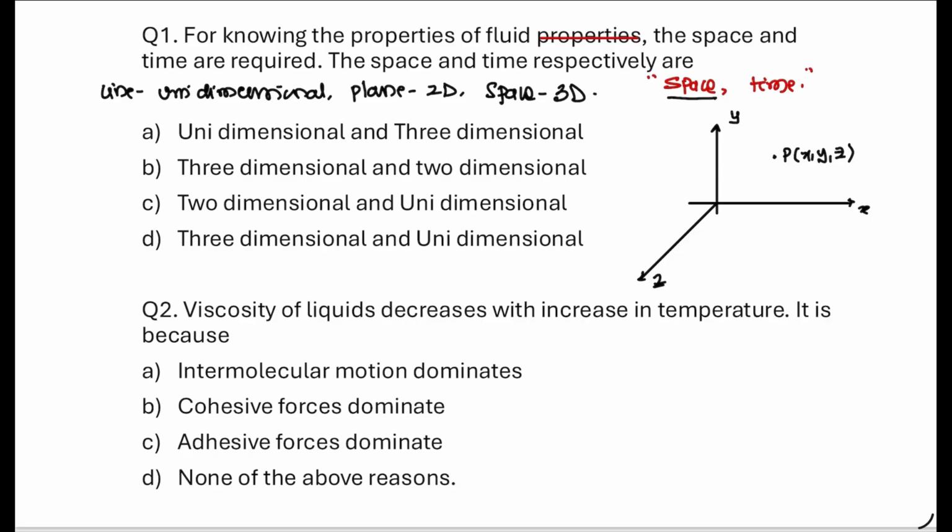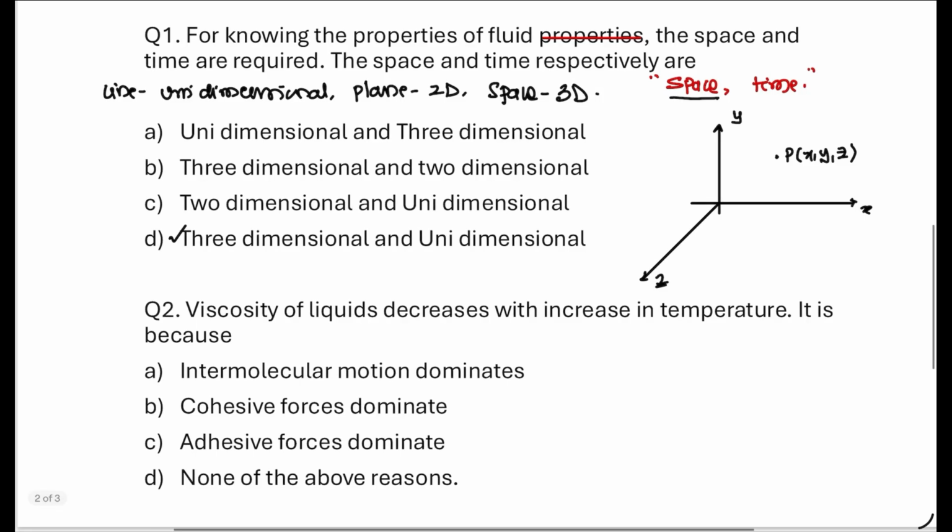So space should have three dimensions. There are two alternatives: space has three dimensions and time has one dimension, or space has three dimensions and time has two. Now we have to find out which one is correct between these two. We have finalized the space.